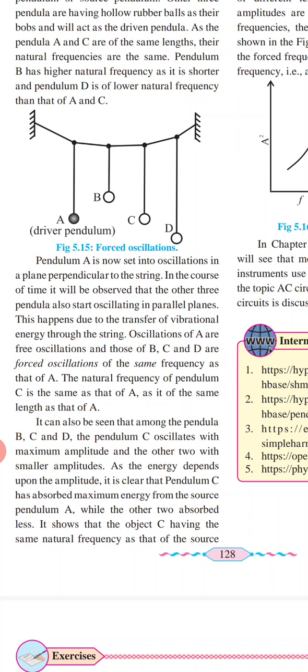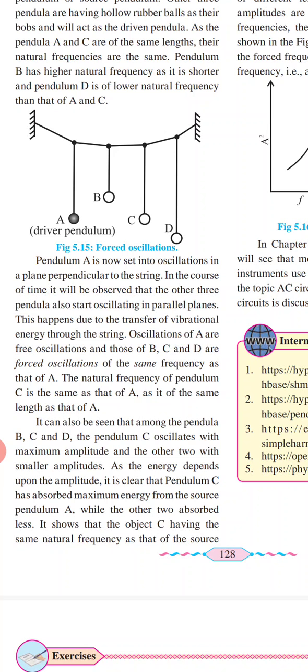Now we can see that among pendulums B, C and D, pendulum C oscillates with maximum amplitude, the other 2 with smaller amplitude. So energy depends upon amplitude. It is clear that pendulum C has absorbed maximum energy from the source pendulum A, while the other 2 absorb less.